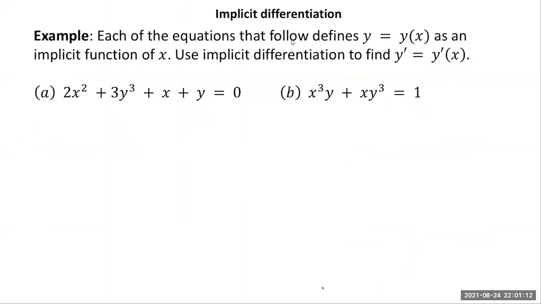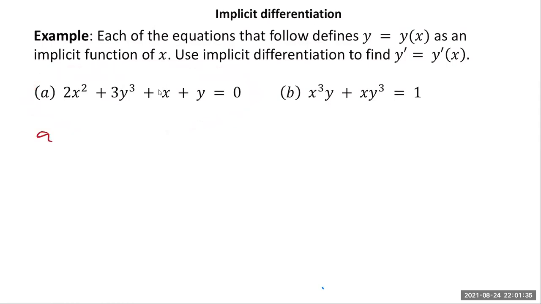Here are the examples that I want to look at. Each of the equations that follow defines y as an implicit function of x. Use implicit differentiation to find y prime. So how do you find y prime? Let's focus on the first part.